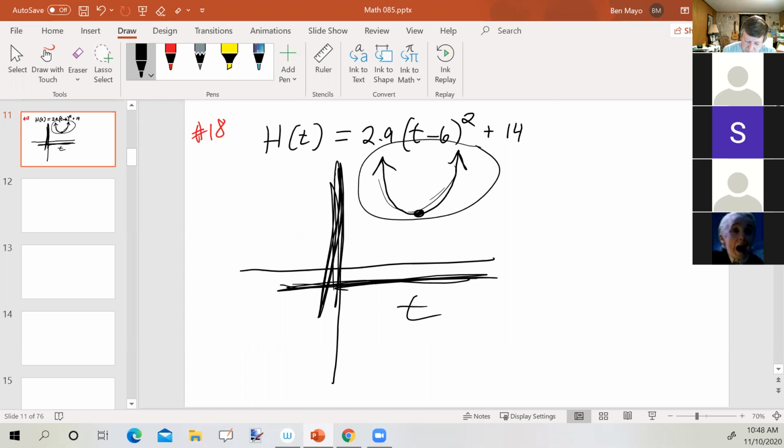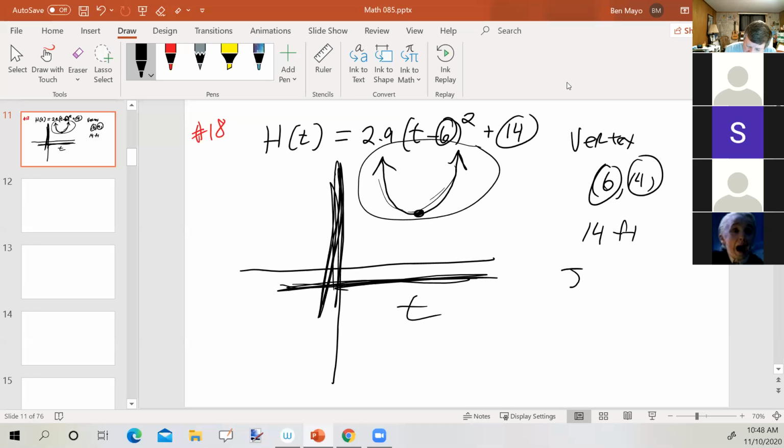Okay, now, where is the vertex? The vertex would be at 6, 14. Okay, because there's h and there's k. It's back to the questions. It says, how low did the water level get that year? Well, the height would be 14 feet. Okay. When did that happen?